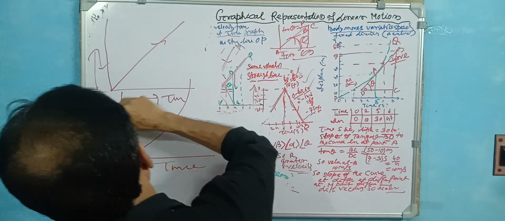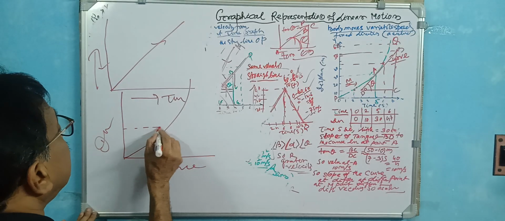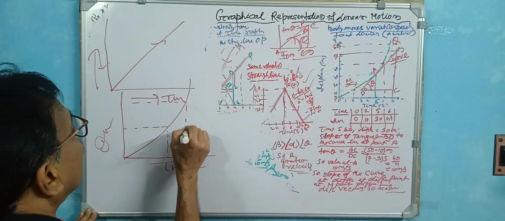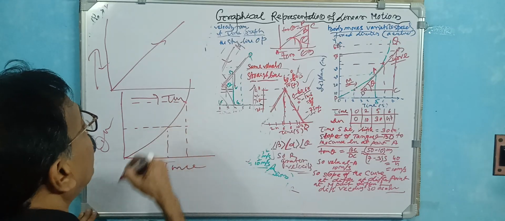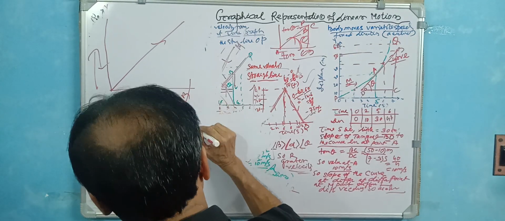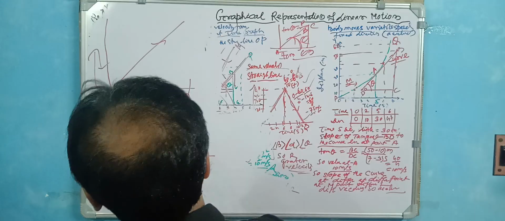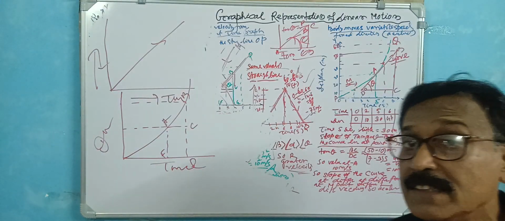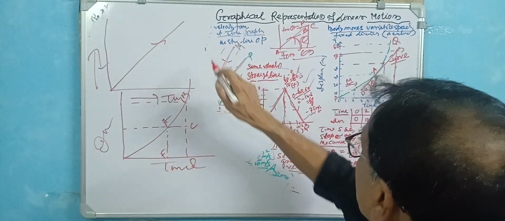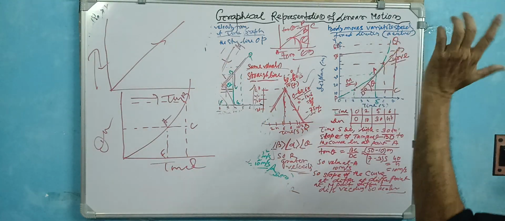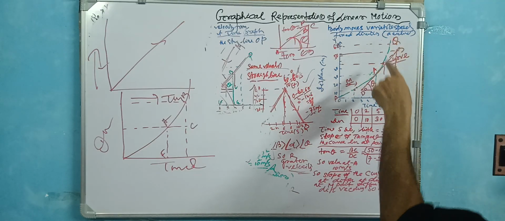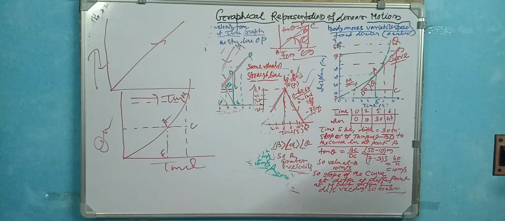Very important. The body moves with variable speed in a fixed direction. So this is the curve.